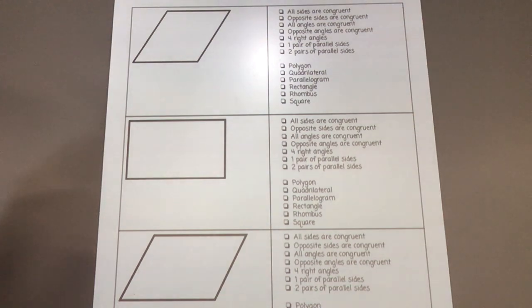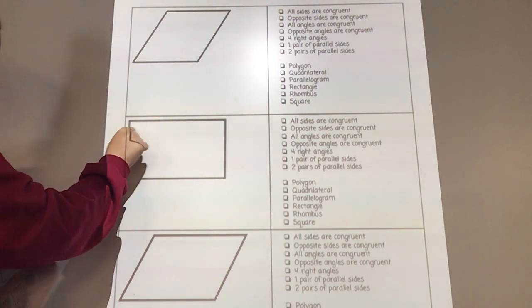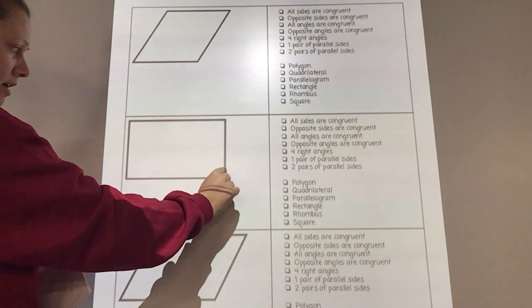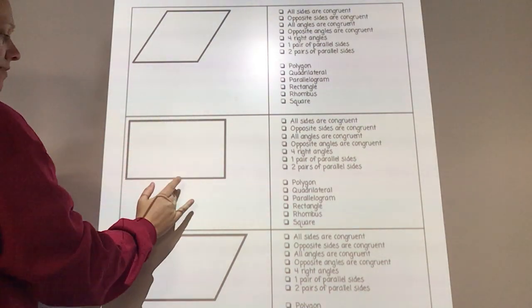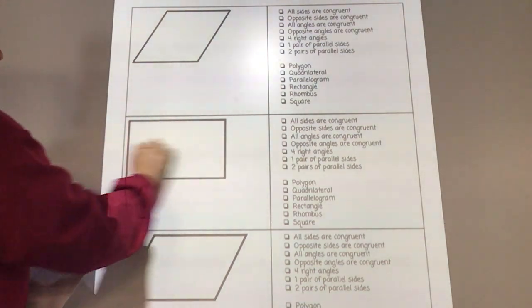Yes. If I looked at my angles in the corners, I could make 4 little squares. Right angles, perfect 90. Does it have 1 pair of parallel sides or 2 or possibly none? 2. Yep. These 2 are parallel, and then these 2 are parallel.